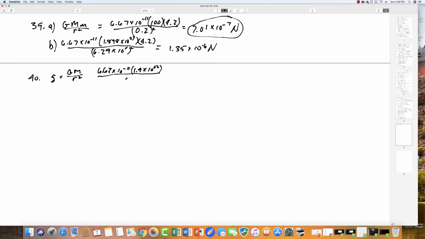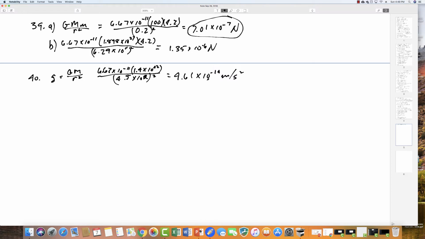And the distance is 4.5 times 10 to the 12th, excuse me, and that's squared. And if you do that, you get 4.61 times 10 to the minus 14 meters per second squared. So that's a very, very small number.